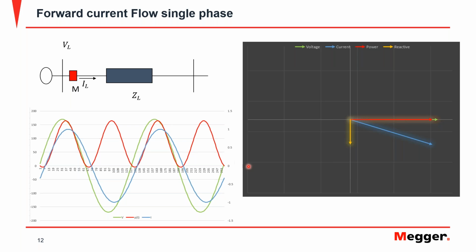The red one corresponds to this power vector, which is the product of these two waveforms, and this blue waveform corresponds to the current that is circulating through the system during normal operating conditions. Notice that here we have a lagging condition of the load.